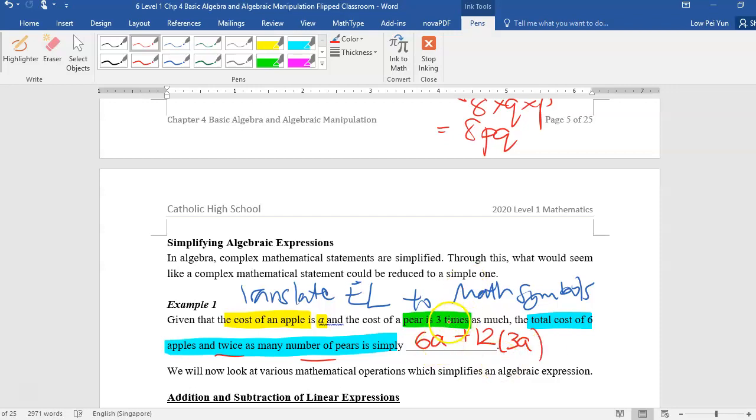Get it? 3 times as much as the apple, the cost of a pear is 3A. Twice of 6 is 12, 12 times 3A. Can we simplify? Now let's simplify. 6A plus 36A gives us 42A. And we are done.